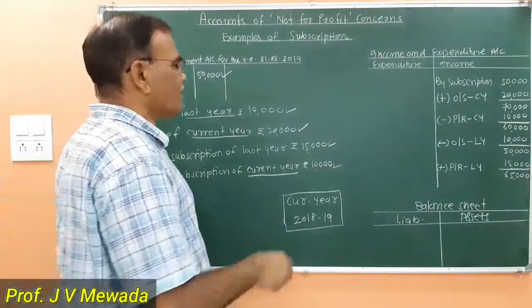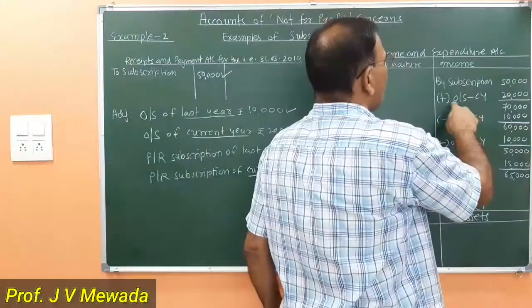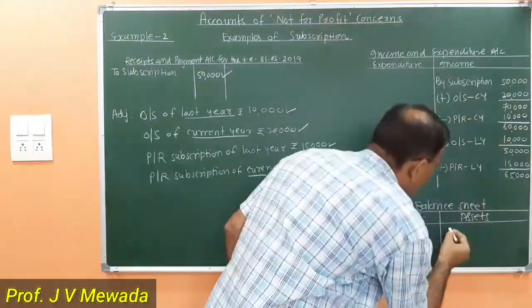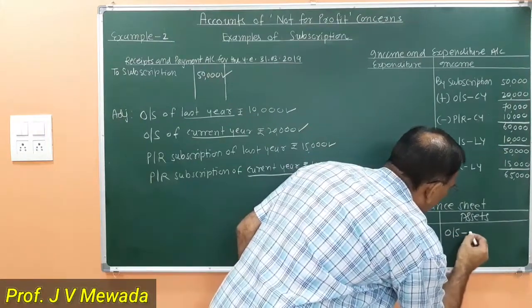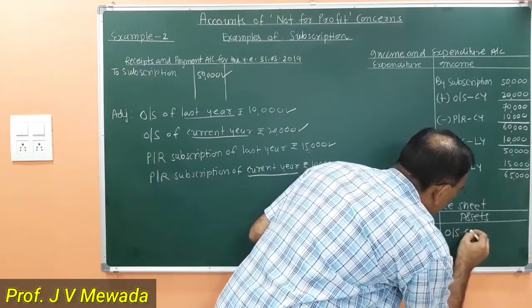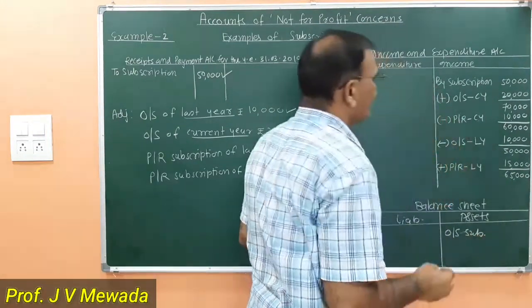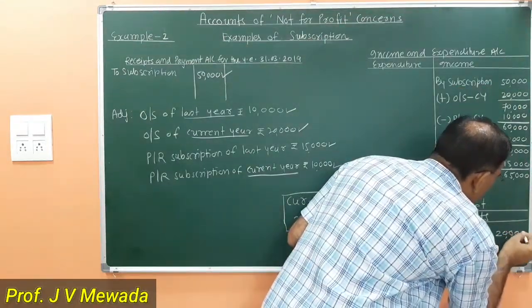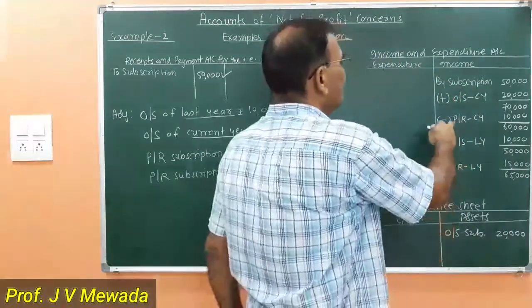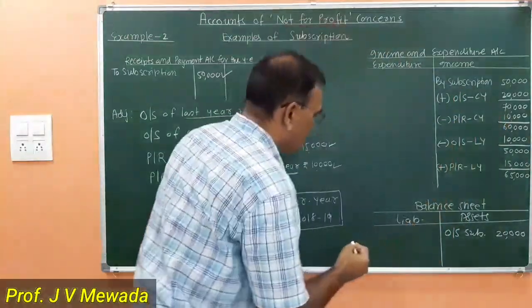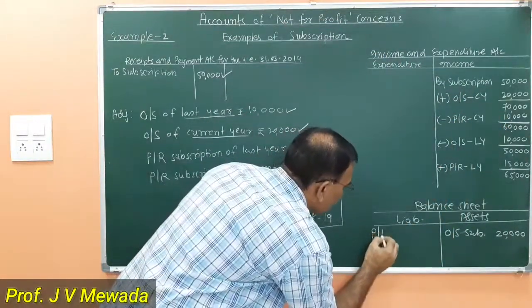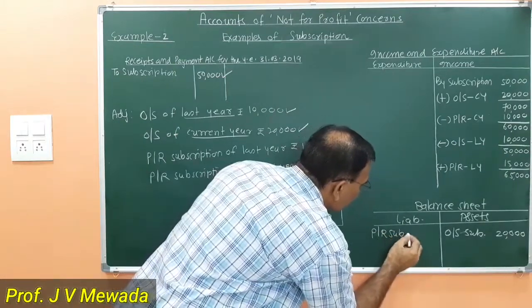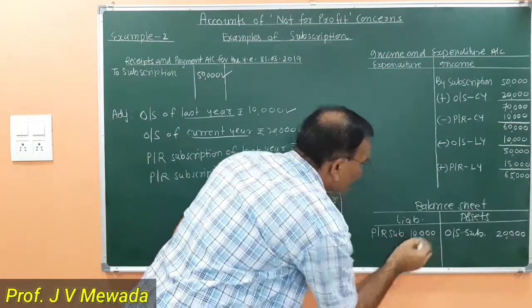Now whatever is there in the current year, so outstanding of current year 20,000, so I'll write outstanding subscription of current year 20,000. So outstanding subscription 20,000, and pre-received subscription 10,000.